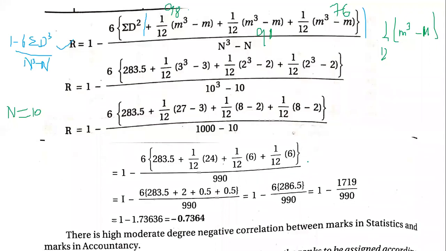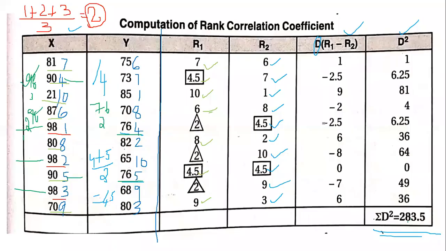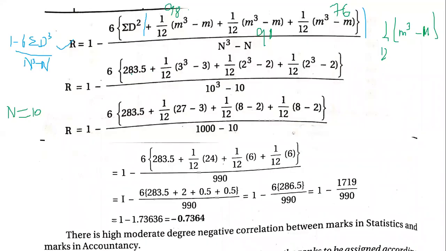Okay, so let us put all the numbers that is required. So R is equal to 1 minus 6 into sigma d square. Sigma d square is what we calculated here, 283.5. So once 283.5 is considered, plus 1 by 12.